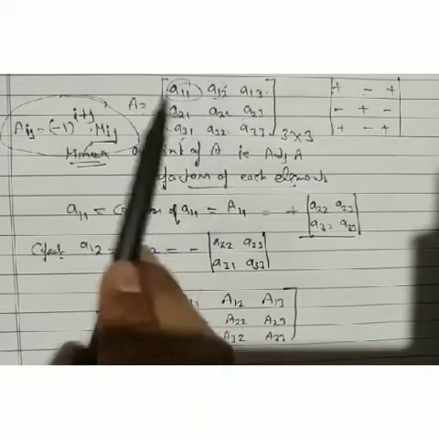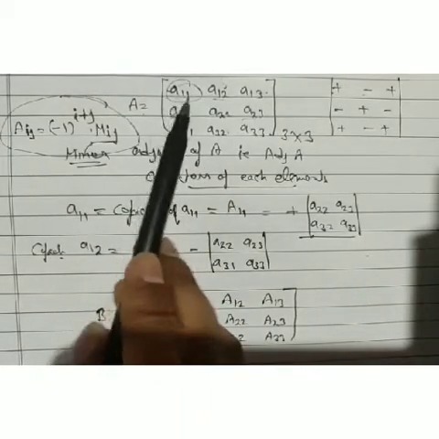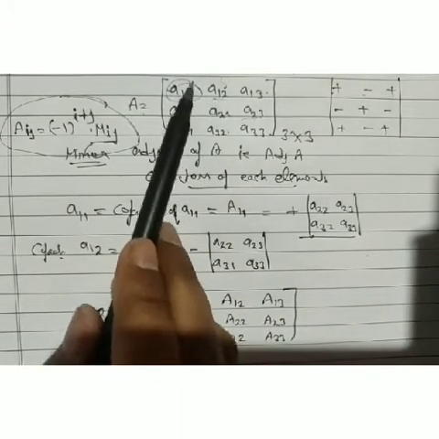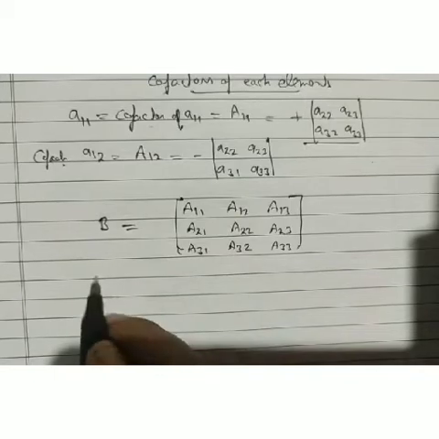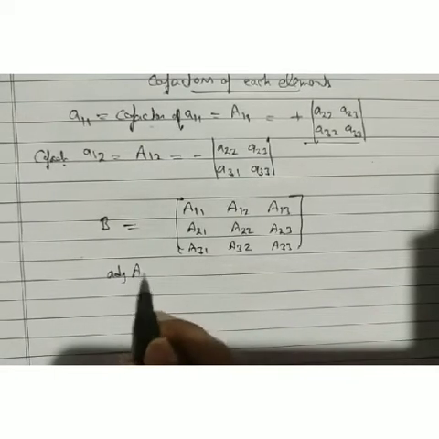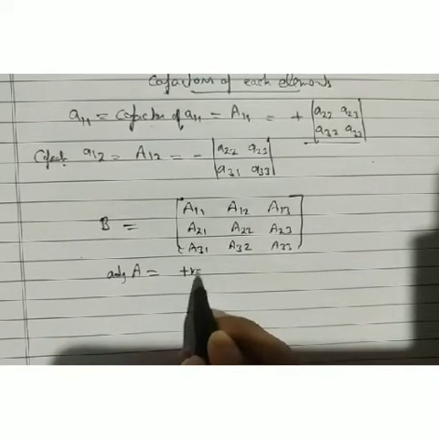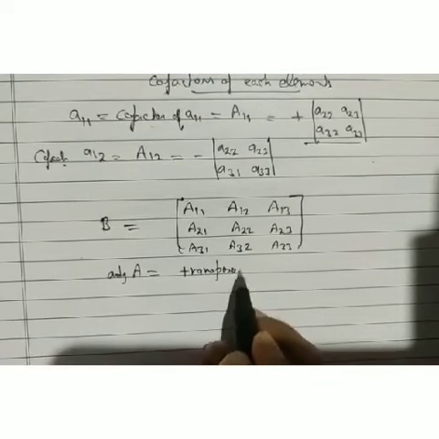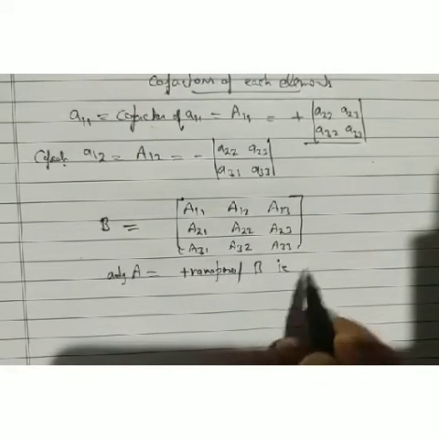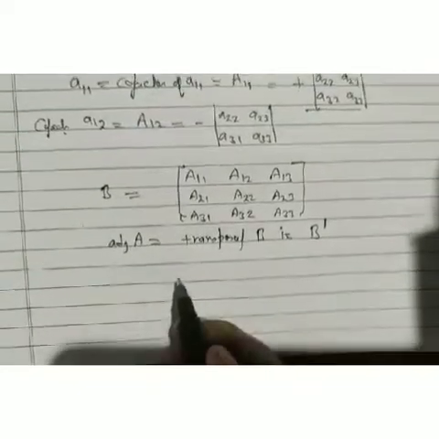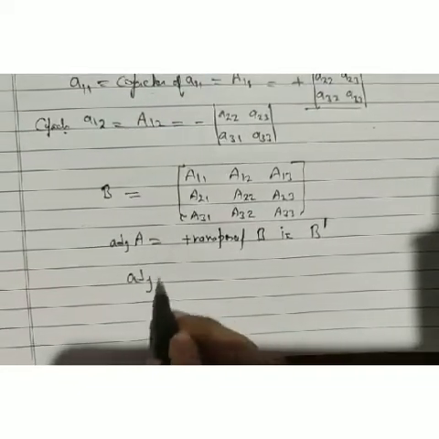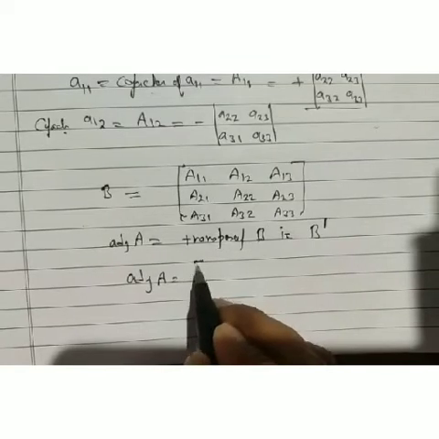We find the cofactor of each element, replace each element by its cofactor and form a matrix. Then the adjoint of A is defined as the transpose of B, that is B transpose.